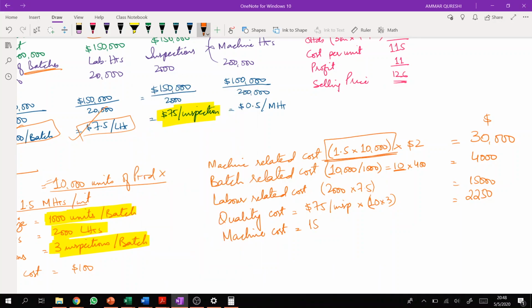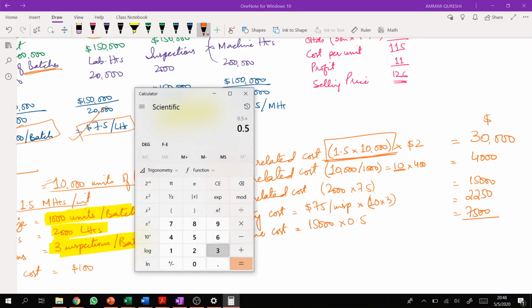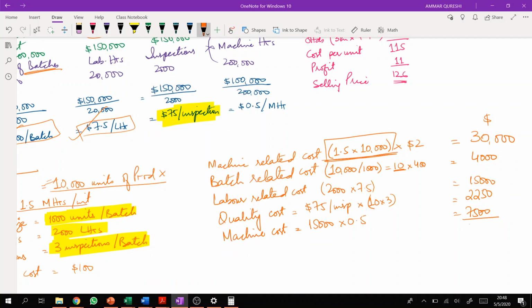So 15,000 multiplied by 0.5 equals 7,500. So 30,000 plus 4,000 plus 15,000 plus 2250 plus 7,500 equals 58,750.